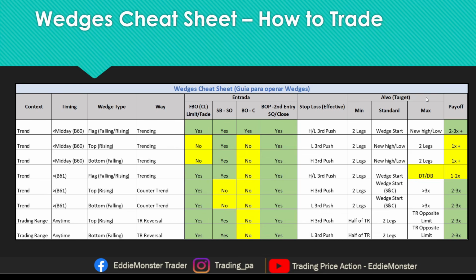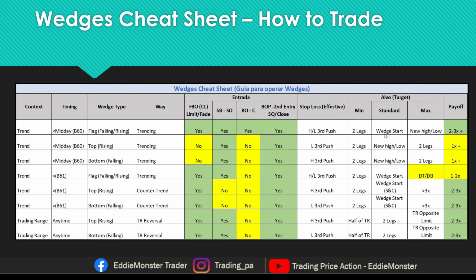When we talk about target, I was saying, we have a defined target already. When you see a wedge, you already know what the target is. So we'll see when we are in a trend and we're operating a flag, right? So what is the target? Minimum target is 2 legs. So we have a wedge flag, so we can get 2 legs as a minimum, right?